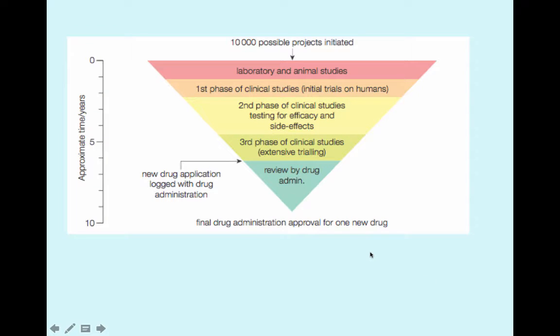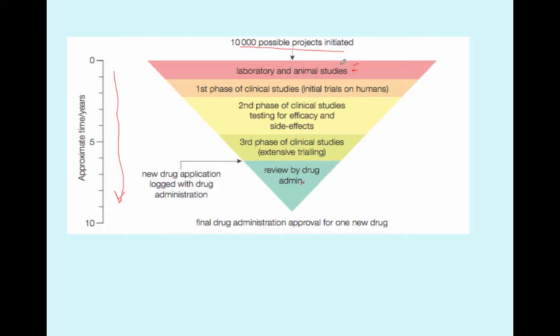So if we look at the approximate time frame for developing a new drug, okay, you have about 10,000 possible projects initiated, and you do laboratory and animal surveys on those. That's early in the phase. This is the approximate time in years, increasing as we go down. Okay, and basically the number of projects that move forward gets less and less the more you go through testing.